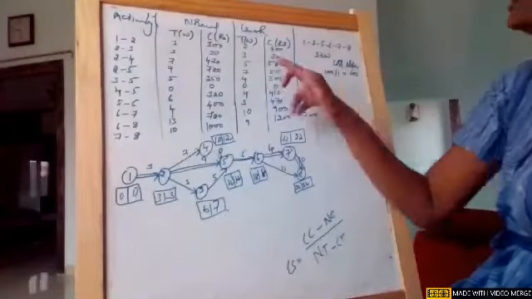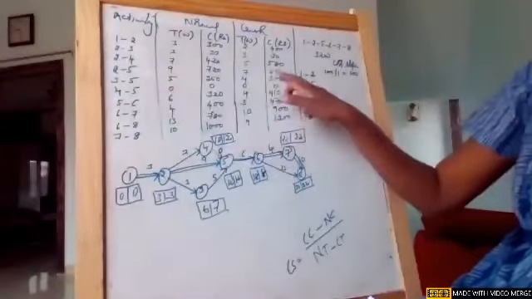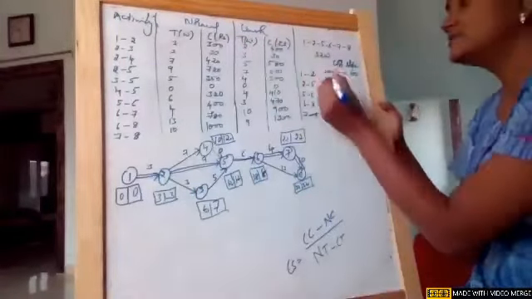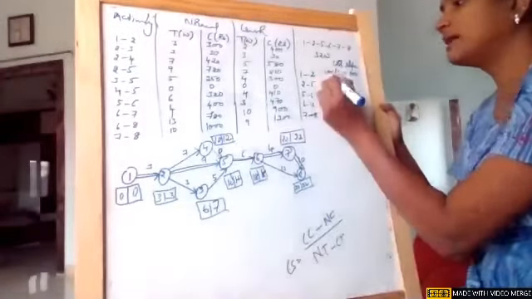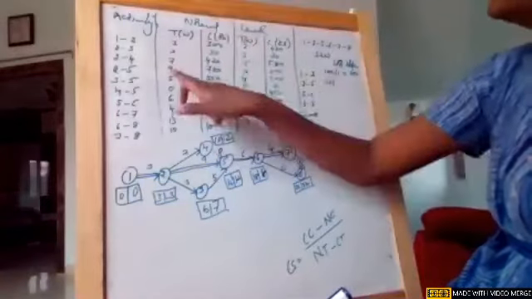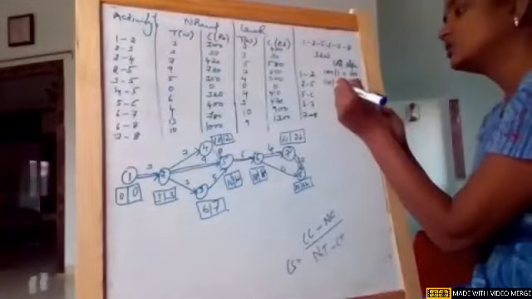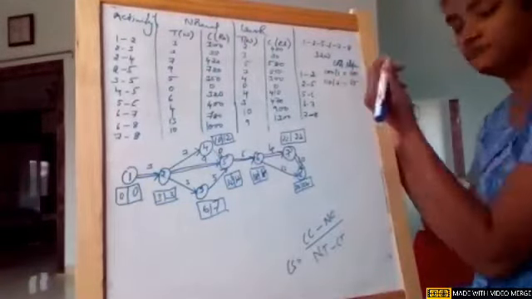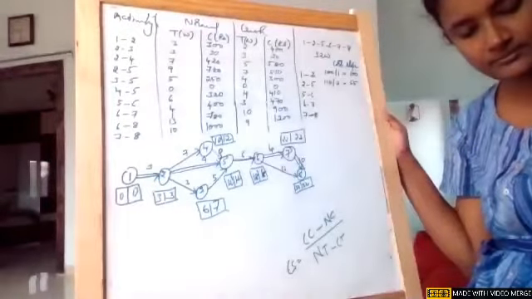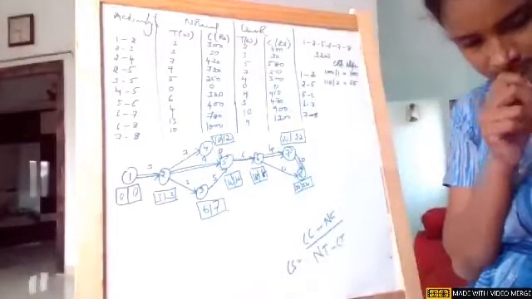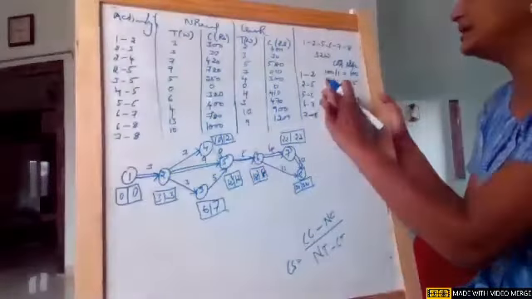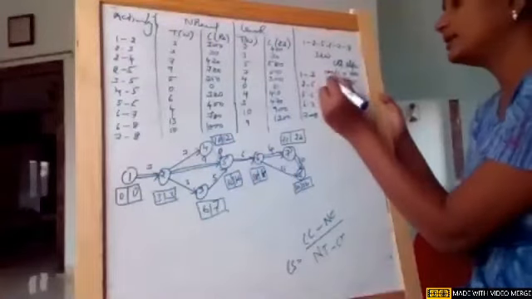For the second activity, 2 to 5, the crash cost is 810 minus 720, which gives us 110, divided by the difference between normal time and crash time, 9 minus 7, which is 2. So it is 55, if I'm not wrong. Sorry, 810 minus 720 is 90. I wrote 110.